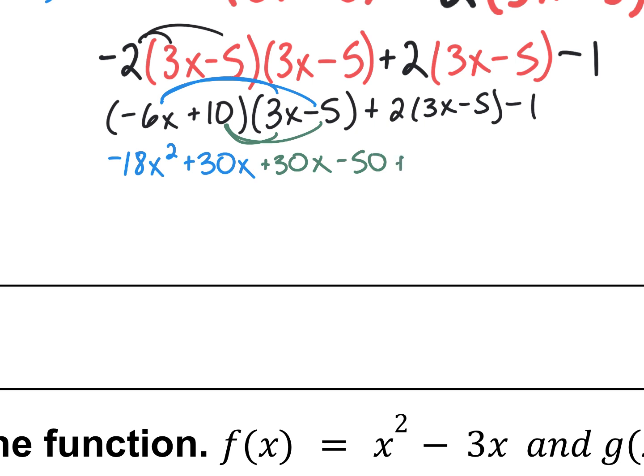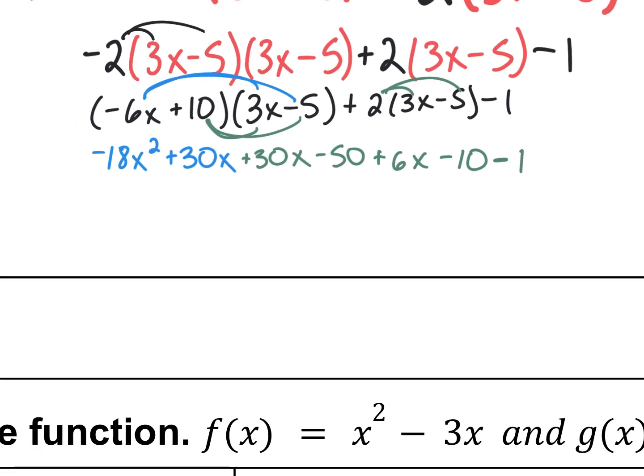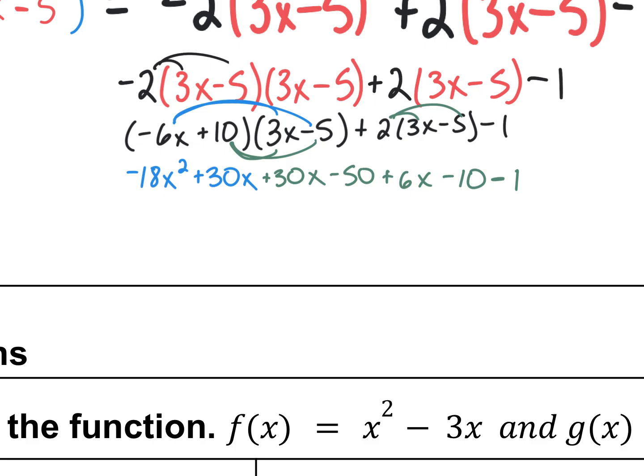And then 2 gets distributed over here. That gives me 6x minus 10 minus 1. And now what? Combine like terms. Yep. Starting with my biggest exponent, does negative 18x squared have a buddy?